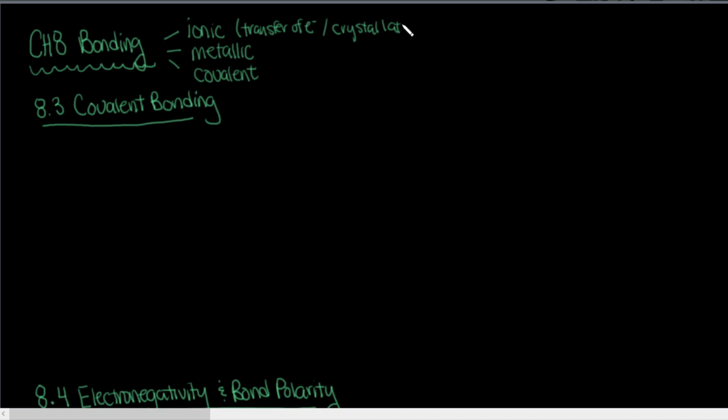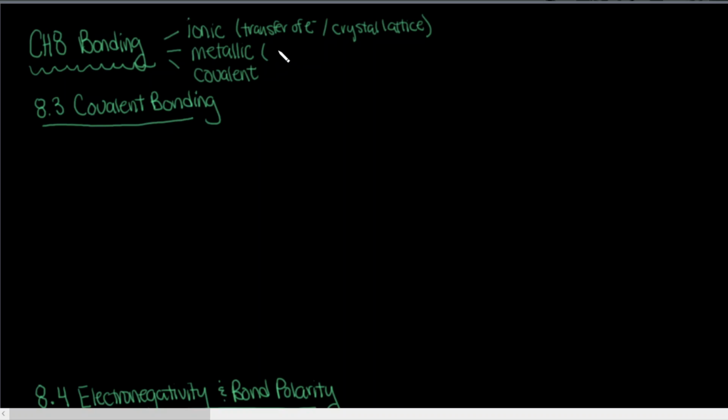And that crystal lattice structure is what gives ionic compounds all of their properties, like that they're typically solid at room temperature. They have high melting and boiling points. They're conductive in solution. All of those properties are determined by that structure.